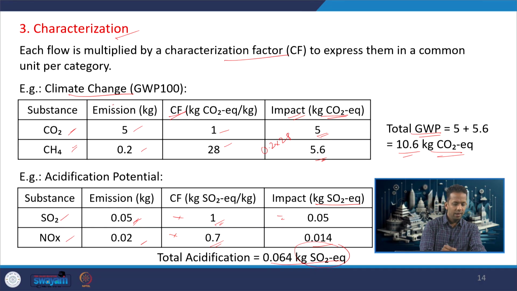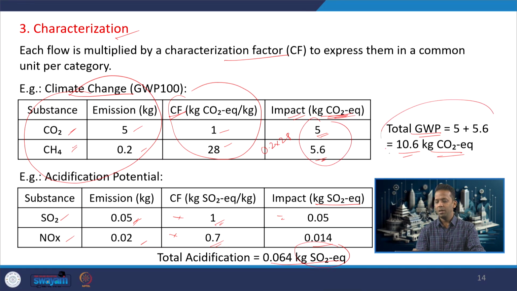So, this is your inventory table. These values come from the life cycle inventory table. Now, when you have to calculate the life cycle impact or do the impact assessment, you need characterization factors, because these factors bring each of these measurements down to a common unit, so that the final impact can be obtained by simply adding those values.